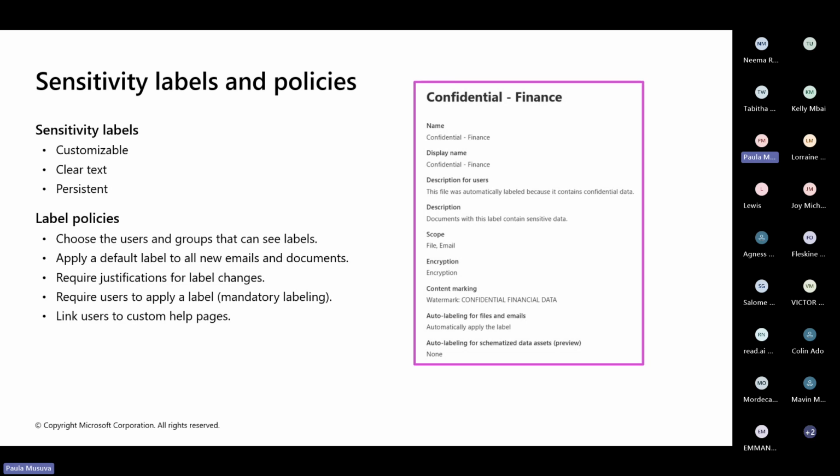Persistence also requires that if somebody wants to remove, replace, or edit a sensitivity label, they will have to justify why. You can also mandate that all users must apply a label to a document that they generate. All these things can be configured as part of the data protection settings and enforced on the content.